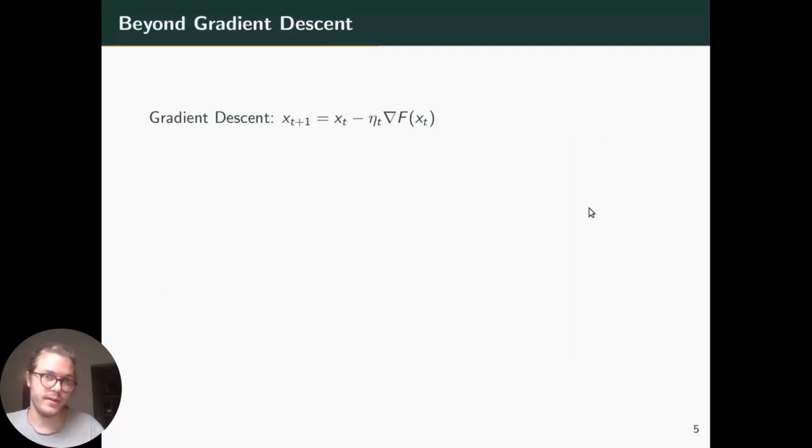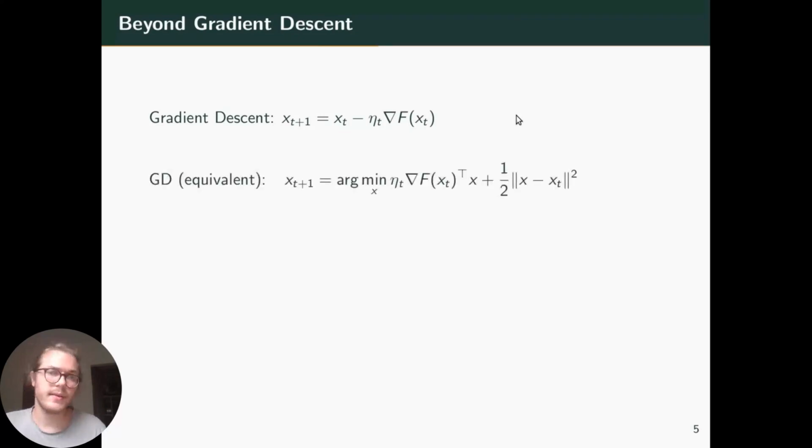So the gradient descent iterations, as you have seen, can be written in the following way. xt plus 1 is obtained by xt minus step size times the gradient. This can be written in an alternative form, a minimization problem in which we wish to minimize the dot product between our new parameter and the gradients, under the condition that the new parameter isn't too far from the current point xt. So we penalize this problem by a Euclidean distance term.